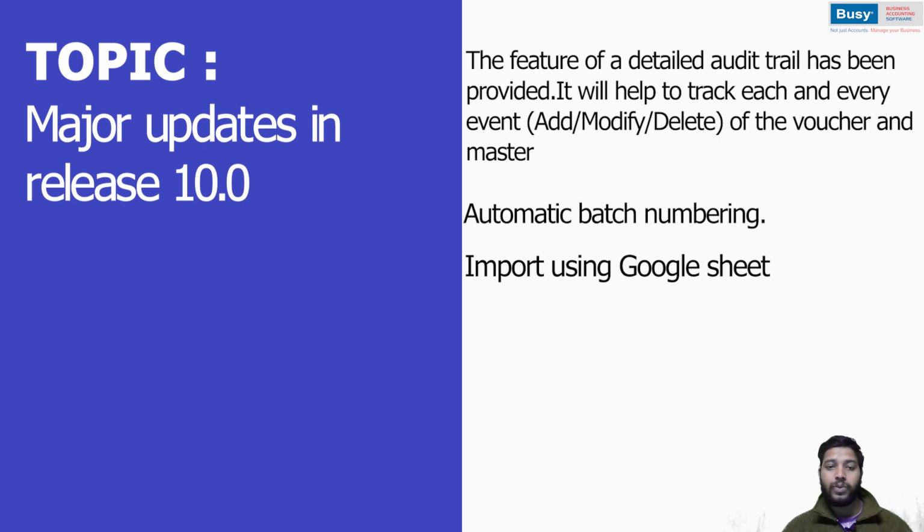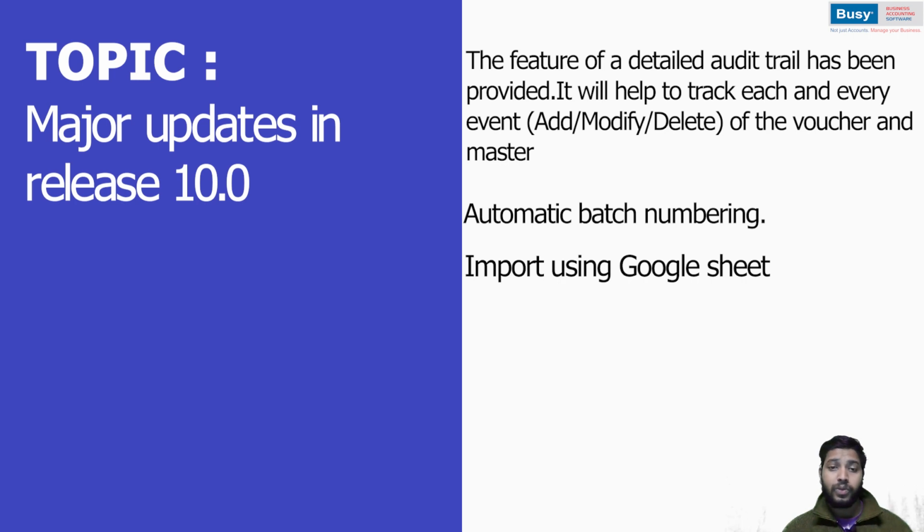We have to enter the data in that sheet. A separate Google Sheet will be automatically created by the Busy application for separate companies. Using those Google Sheets, we will import data from Google Sheet to the Busy application.